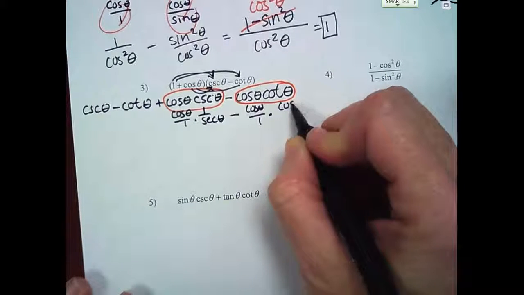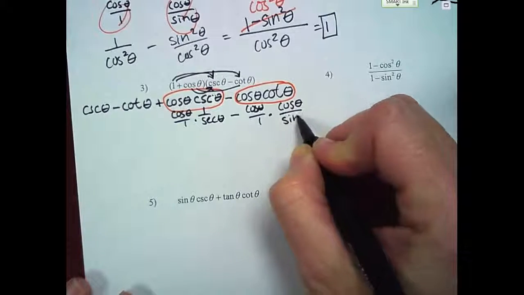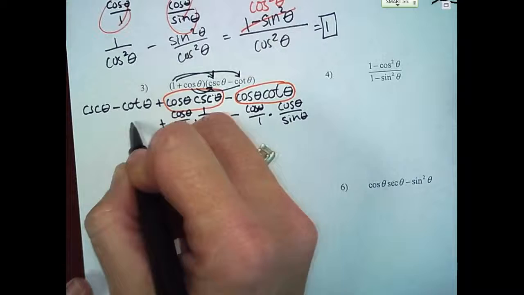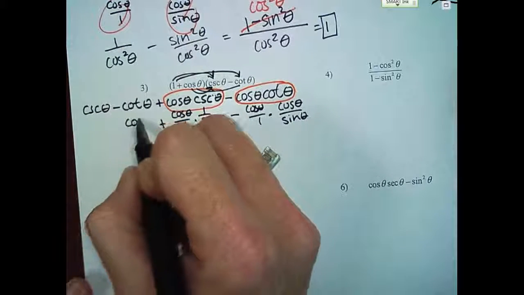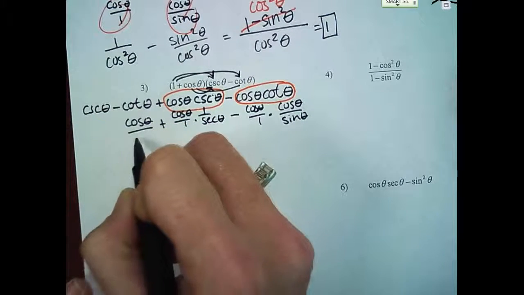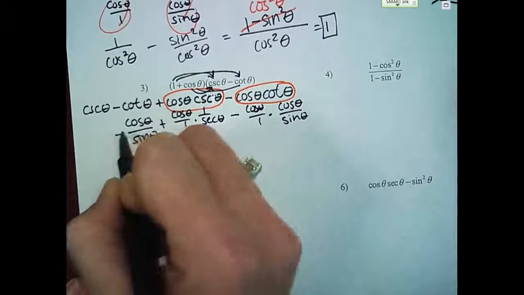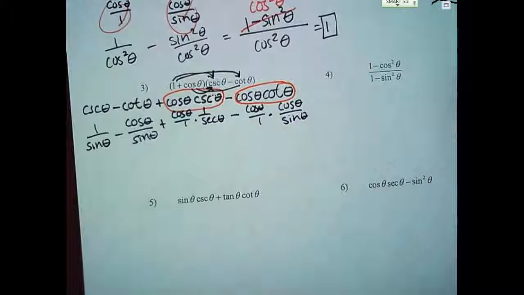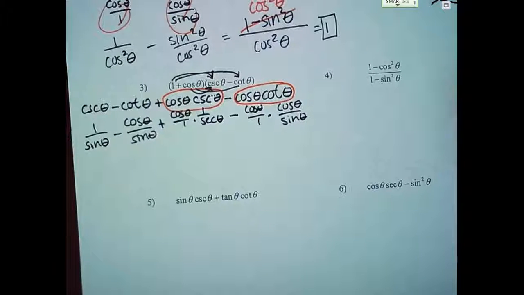So cosine over sine. And while we're at it, if you wanted to rewrite these 2, we can also. This is cosine of theta over sine of theta. This is 1 over sine. I rewrote everything.